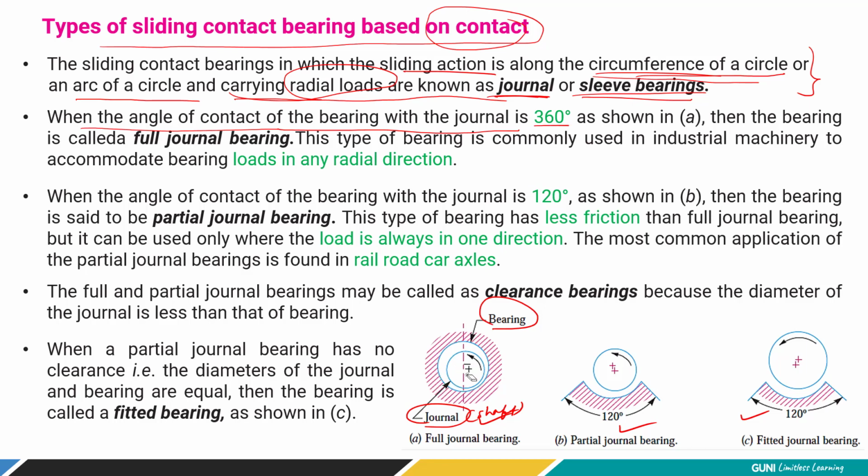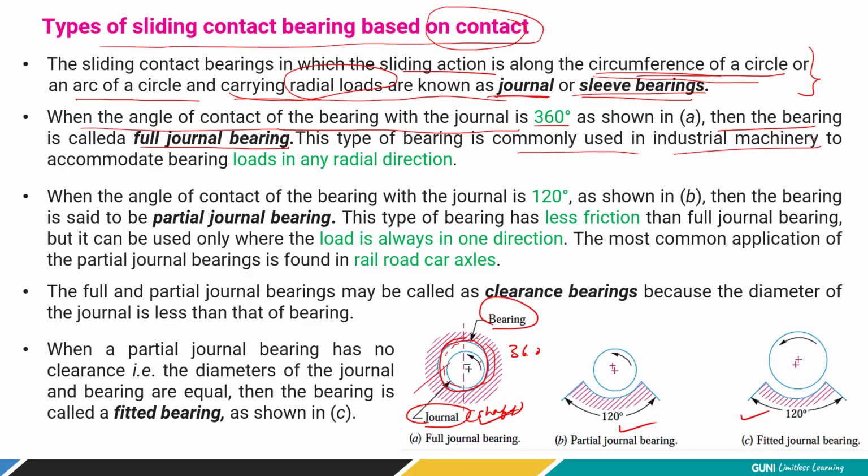Whenever there is contact of the journal, that is the shaft, with the bearing around the full 360 degrees, then the bearing is referred to as a full journal bearing. It means contact is carried out at 360 degrees, around all the surfaces. This type of bearing is commonly used in industrial machinery.